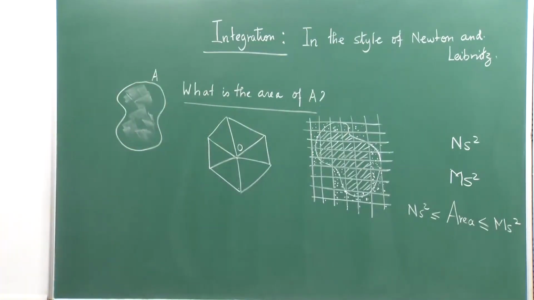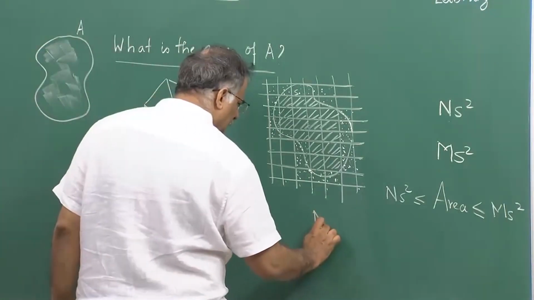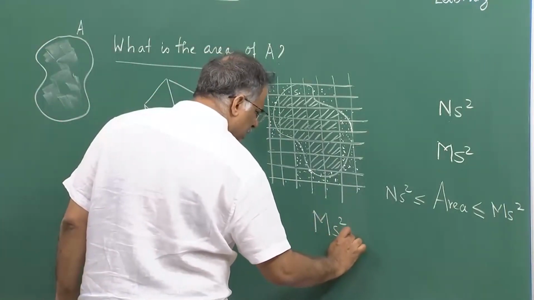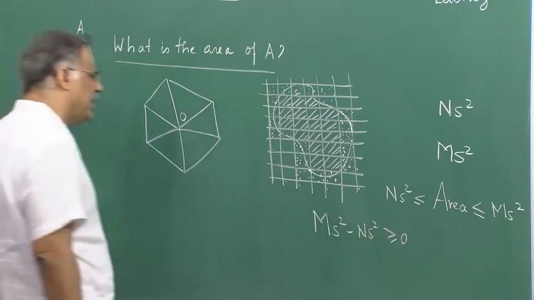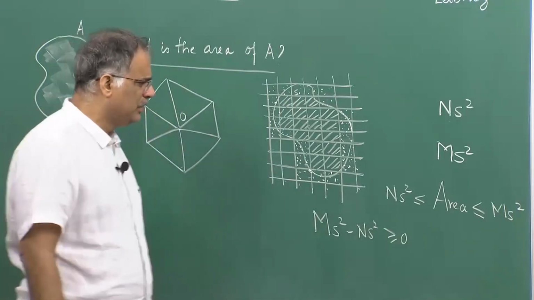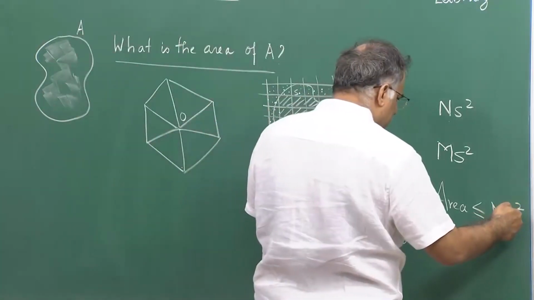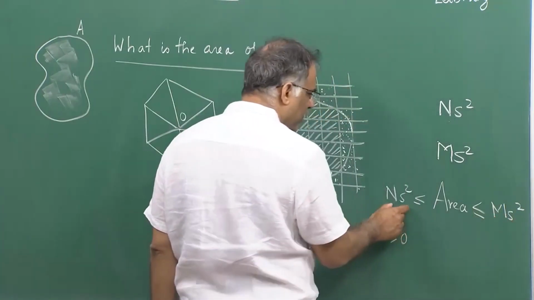And then I can choose my S in such a way that from both sides this would become smaller and this would become larger.